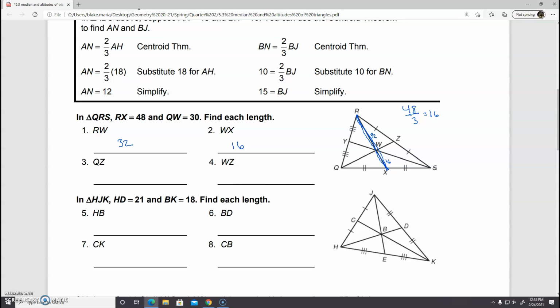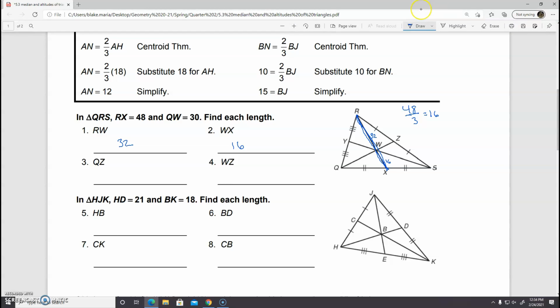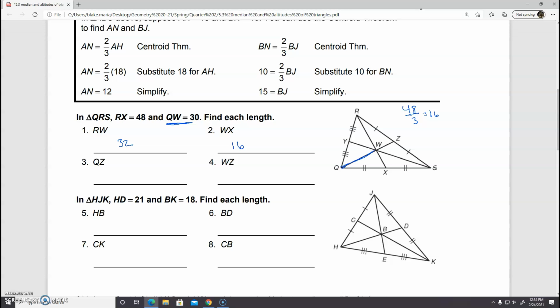Now, I do want to see the math, so make sure you're showing me the math, even if it's just dividing by 3. The next piece says QW is 30. From Q to W, they didn't give us the whole thing this time. They gave us the vertex to the centroid is 30. Did they give me the 2/3 or the 1/3 chunk? They gave me the 2/3.